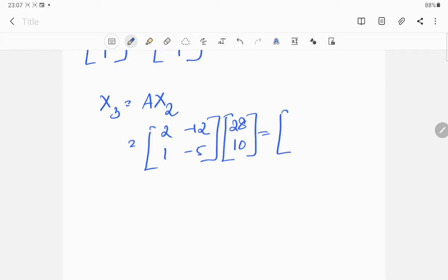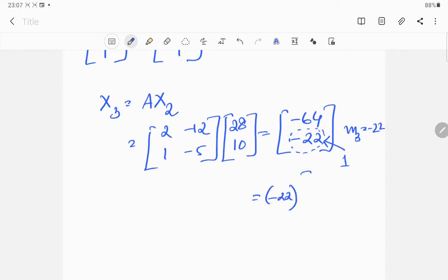So what does it give? I will simply write it down. It is [-64, -22]. Okay, so we will choose this, because I want to make it 1. So this time m3 is -22. Taking -22 common, it will be -64 by -22, and this is 1.